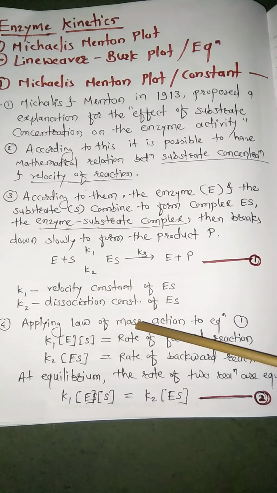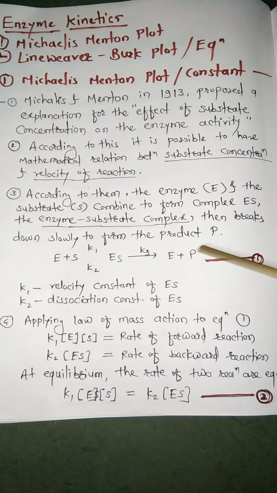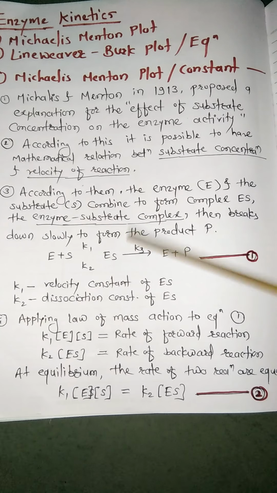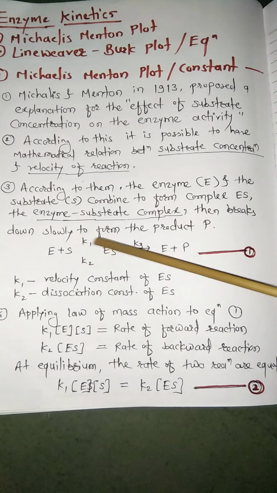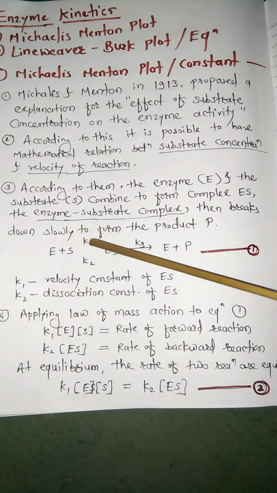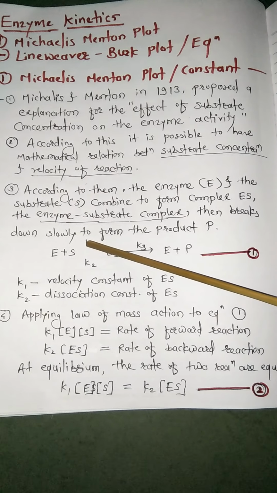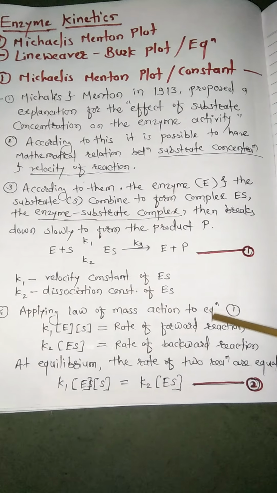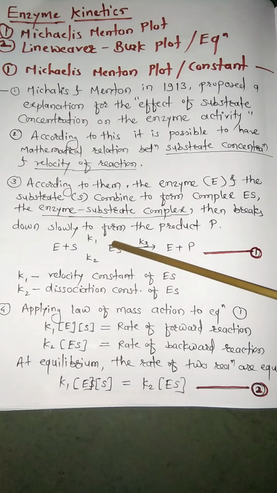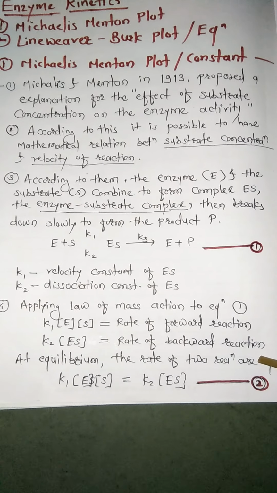Now the fourth point is applying the law of mass action to equation 1. How? For K1, the enzyme and substrate are taken, and it shows the rate of forward reaction, and K2 takes the enzyme substrate complex, that is the rate of backward reaction.